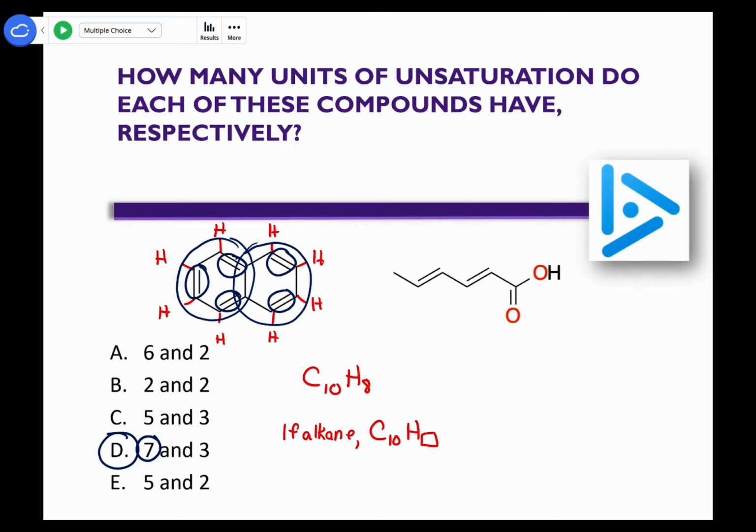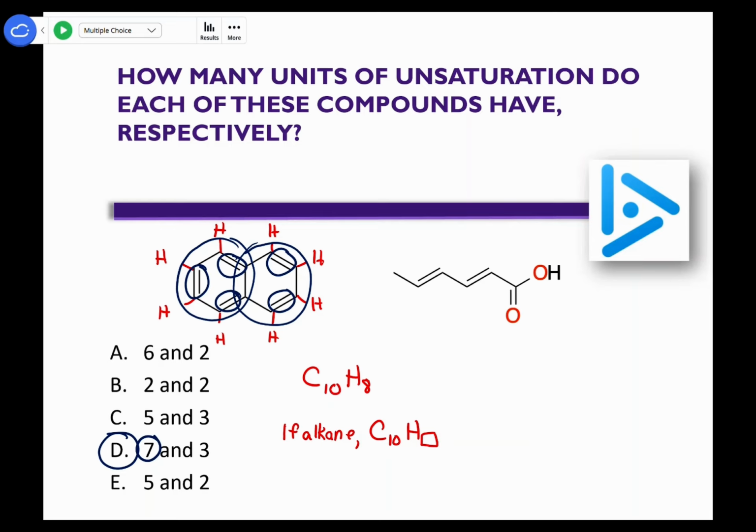Okay. So it does have 7 units of unsaturation. We could circle them. That's probably the easiest way to do this. The other way I also want to show you, just in case you don't have the structure, we can write out the ratio of carbon to hydrogen. So the molecular formula for the molecule on the left is C10H8 once we draw in those implied hydrogens.